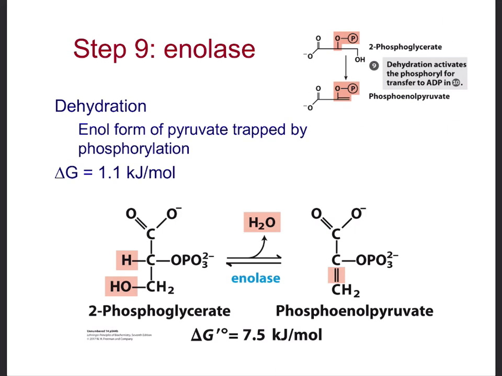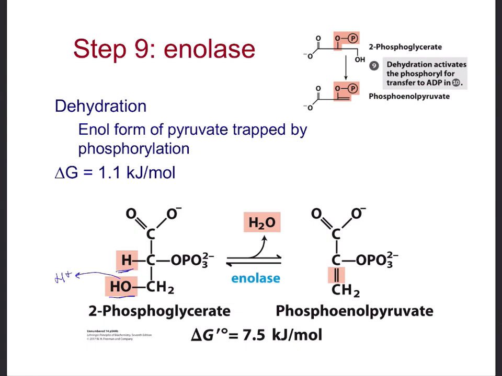So enolase is the enzyme that catalyzes our dehydration reaction. We're going to take a hydroxyl off of carbon 3 and a proton off of carbon 2. This is a classic dehydration reaction. Ideally, the enzyme would supply an acid, which would then protonate that hydroxyl group.